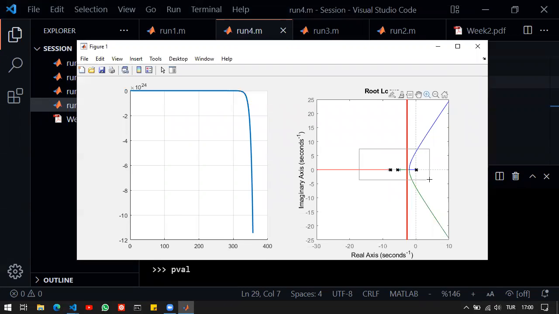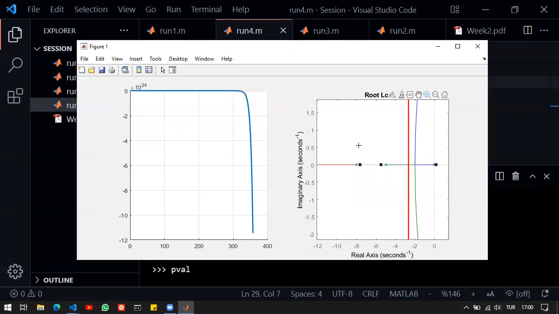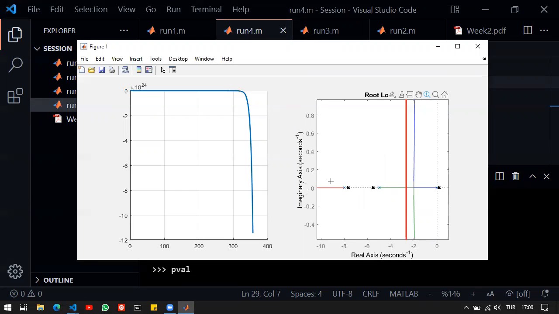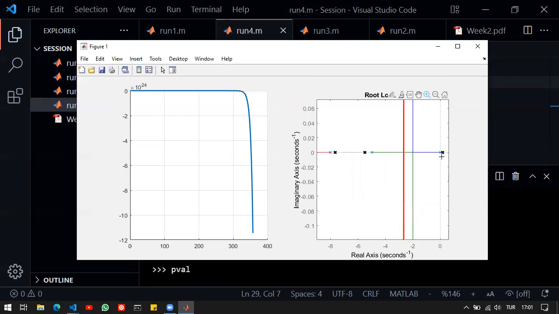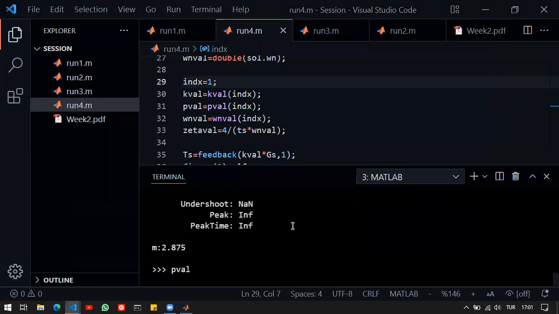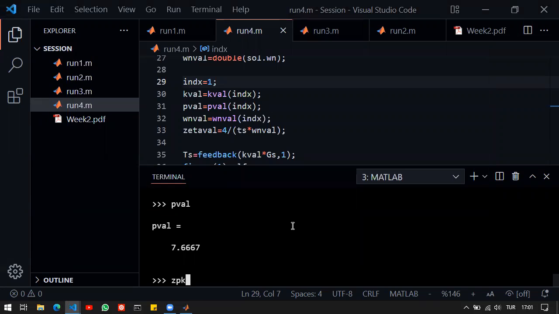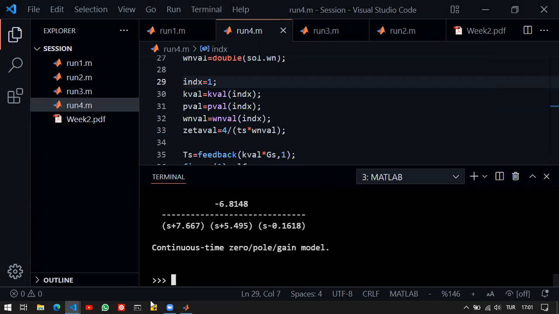Now, if I have omega n, let me zoom in a little bit more. I can see that basically one of my poles is on the right-hand side, the right half plane. Therefore, it's not stable. So if I look at ZPK TS, I get this.